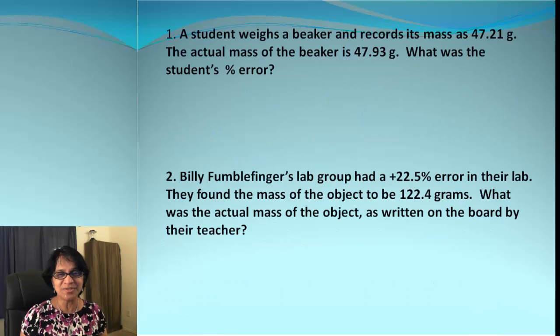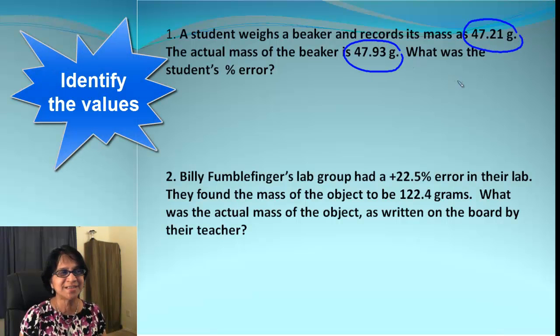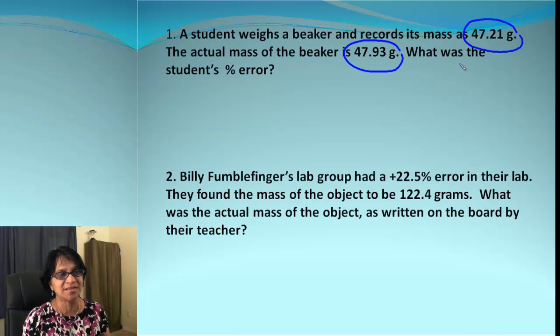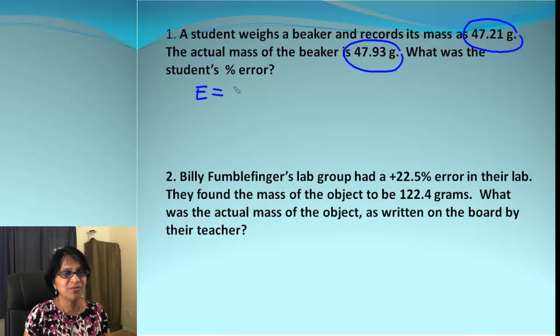Okay, let's do some real calculations now. So in this problem, we have some numbers given. Let's circle those numbers first. It talks about a student performing an experiment. He's weighing a beaker and recording the mass. The mass which the student records is 47.21. So what is that? That will be experimental value, which is 47.21 grams.